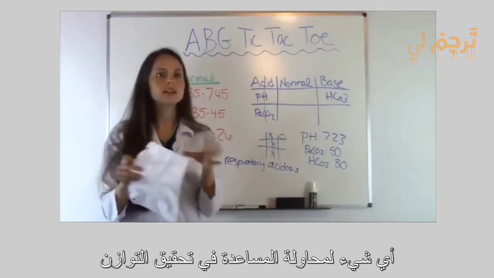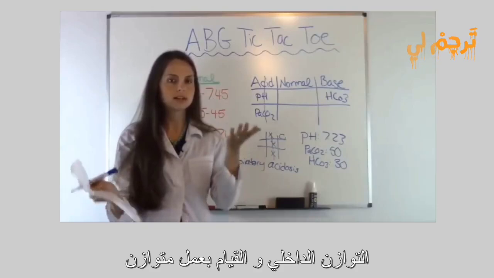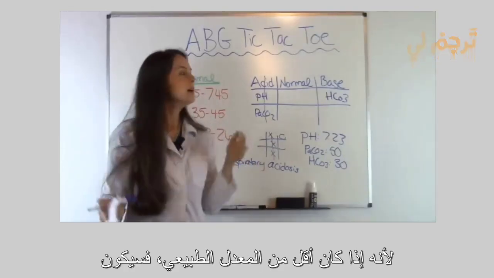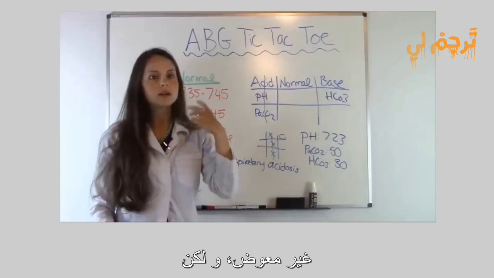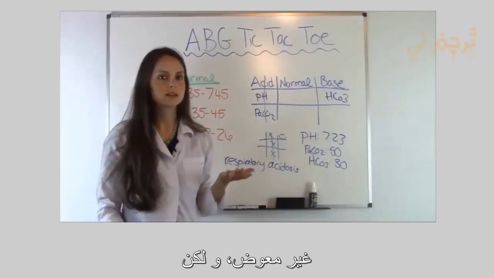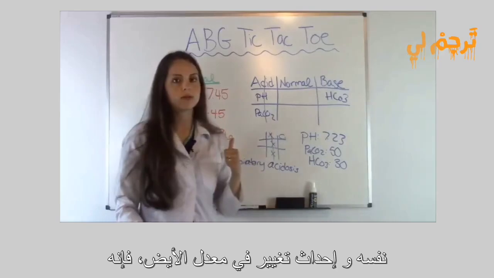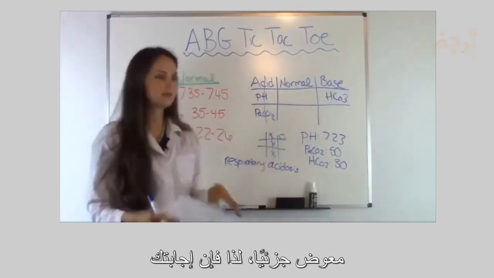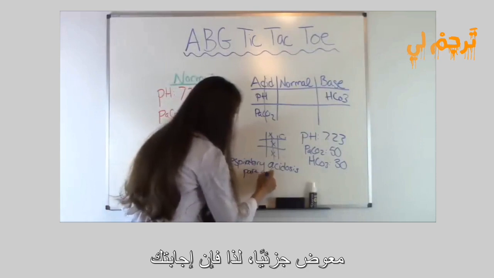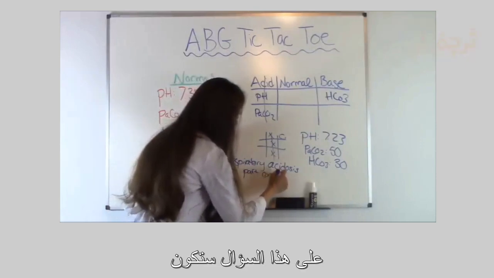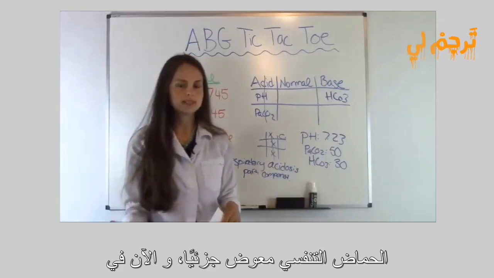The body's not doing anything to try to help balance it out, because your body's always trying to do homeostasis and do a balancing act. Because if it was normal, it would be uncompensated. But because the body's trying to correct itself and throw the metabolic value off, it's partially compensated. So your answer to that question would be respiratory acidosis, partially compensated.